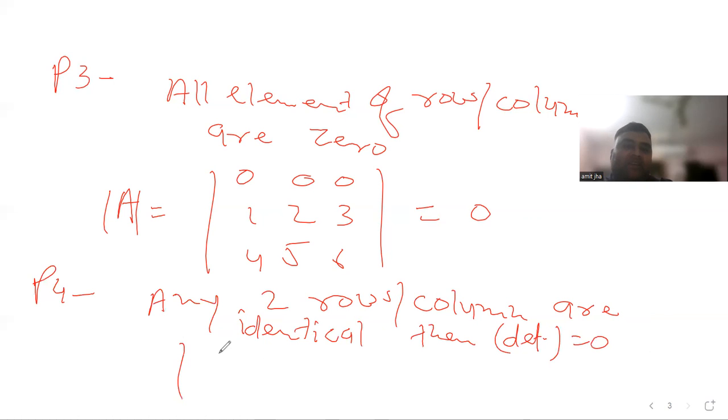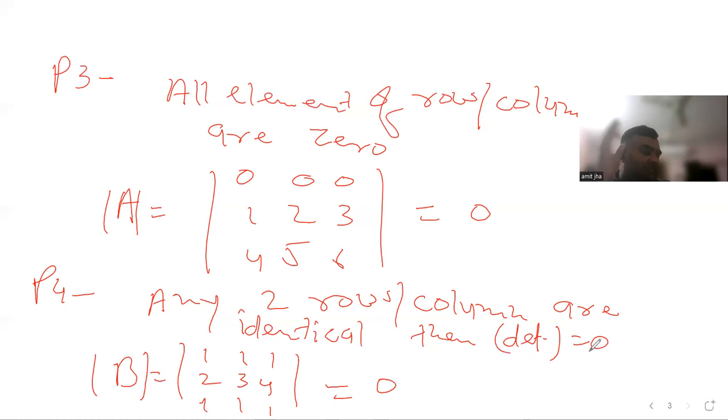That is, if I write, let's say 1, 1, 1, 2, 3, 4, and I am writing here again 1, 1, 1, and in this case if you solve it further, you will get a 0. So it is valid for both rows and columns actually. So these are the properties which should be clear.